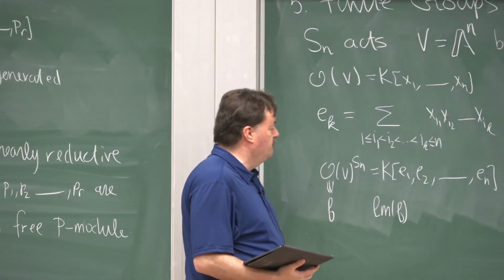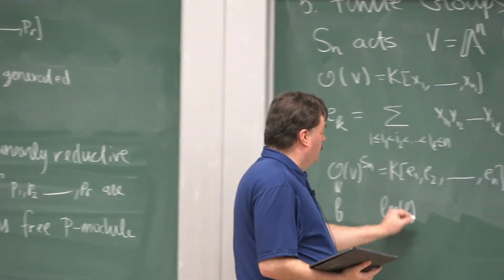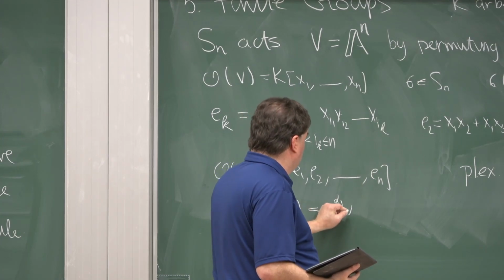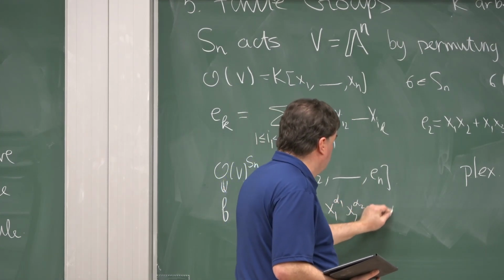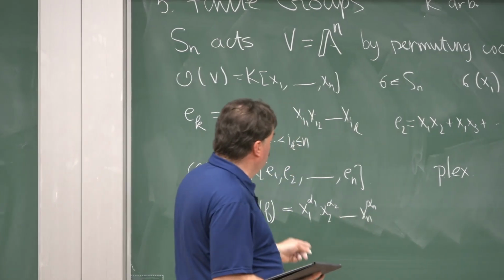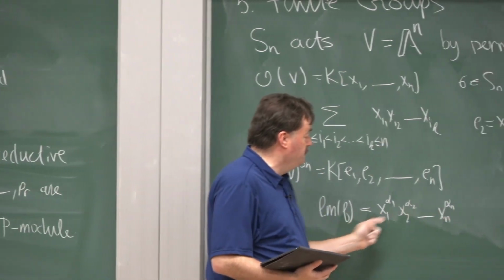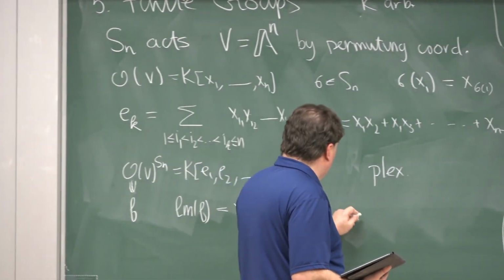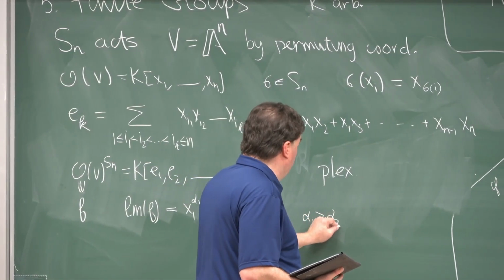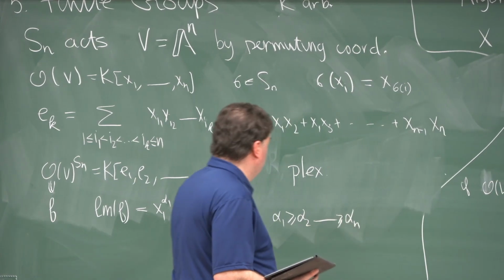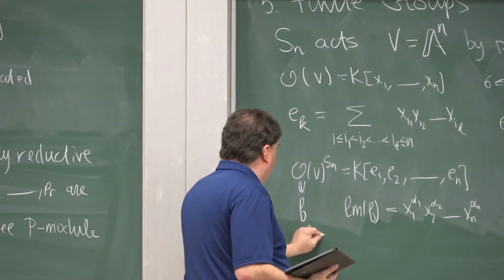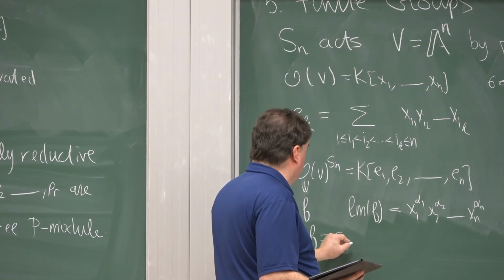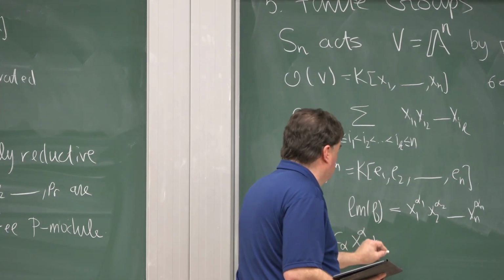This is some monomial x1^alpha1 x2^alpha2 up to xn^alphan. But because f is invariant and I can permute the variables, the largest monomial has to be of the form where alpha1 ≥ alpha2 ≥ up to alphan. So that means that f is some coefficient times x to the power alpha plus smaller terms.